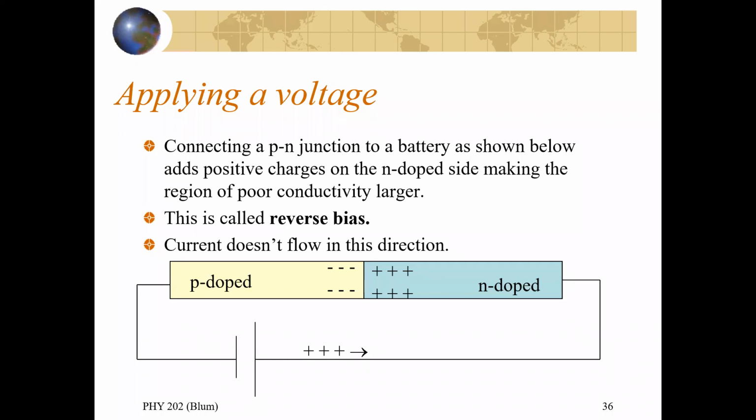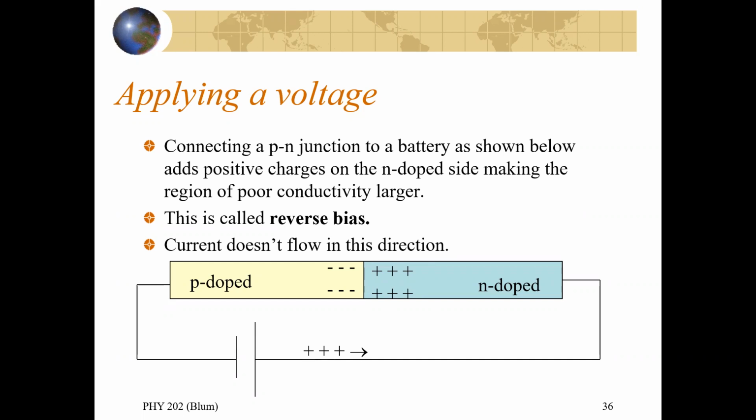Thanks, Ben Franklin, for screwing that up. But that's our convention. So imagine these positive charges coming out of the long end of my battery and coming onto the n-dope side. And the n-dope side already had extra positive charges. Now this battery is bringing along more positive charges, making a bad situation worse. It's increasing the inflexibility.